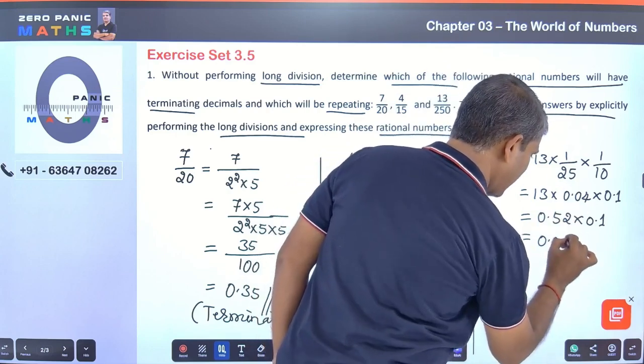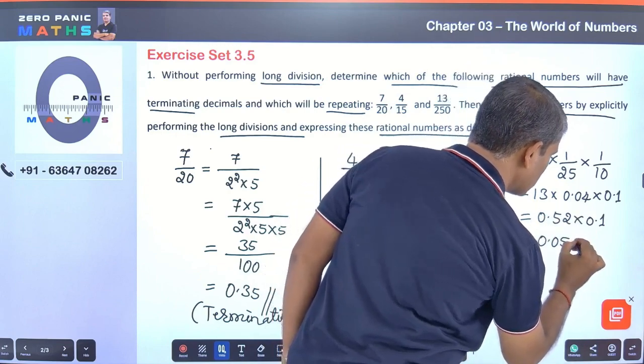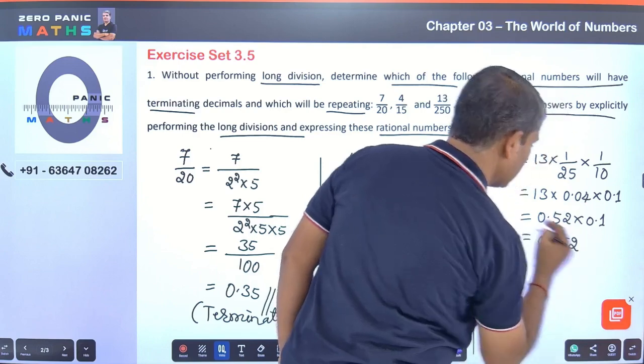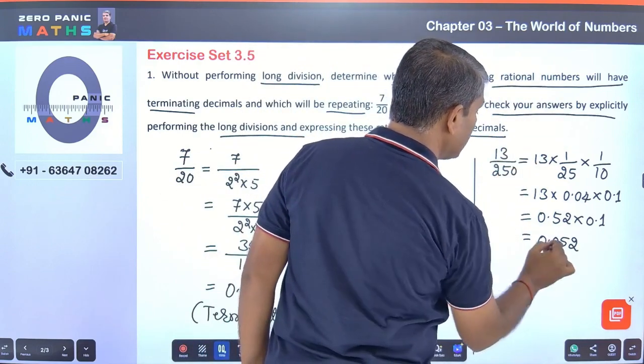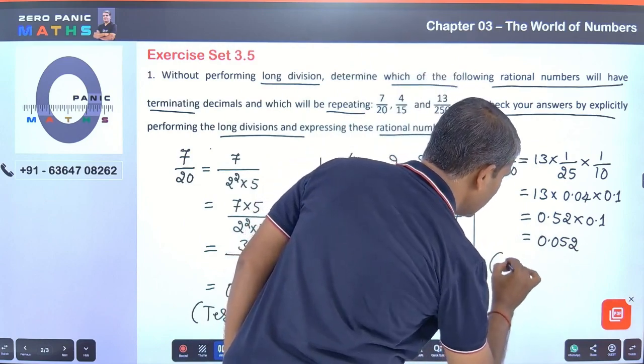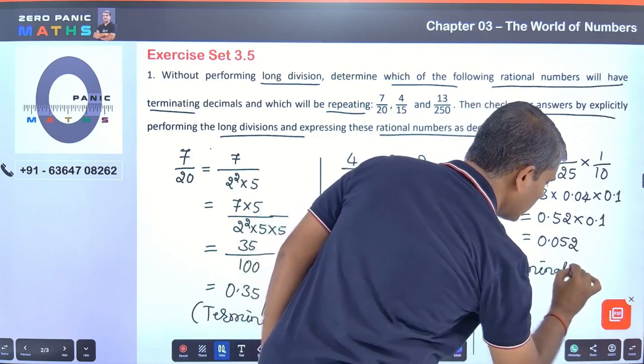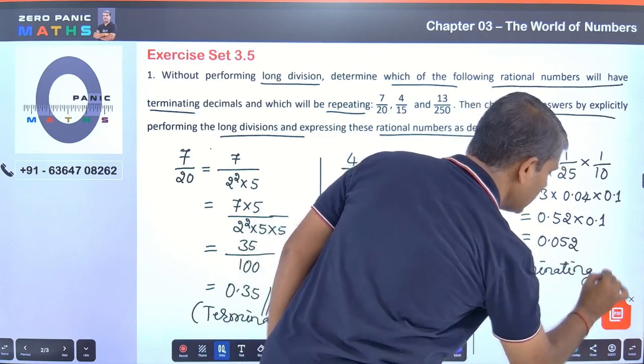So another 0 I'm inserting, because this 5 will be pushed to the right side. So 13 by 250 is exactly 0.052, and it is terminating. We have to identify what kind of decimal it is. So that's the reason we did this.